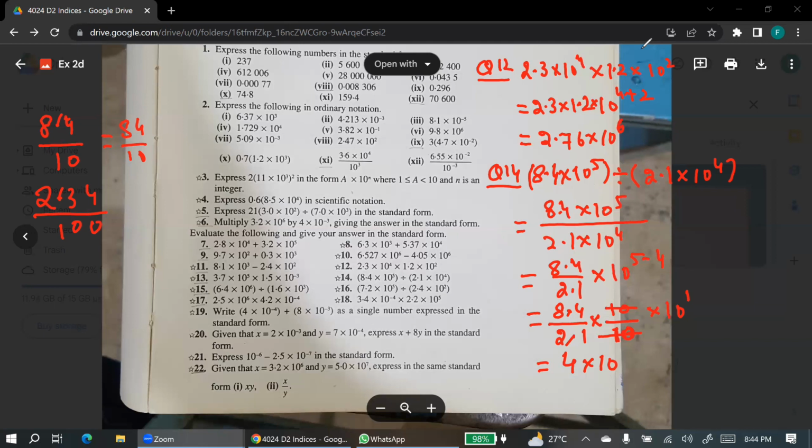Positive. Yes, very good, because when we multiply with the positive power, it will be equivalent to the original number. And if the new number is greater, then we will multiply with the negative power. Yes, very good.